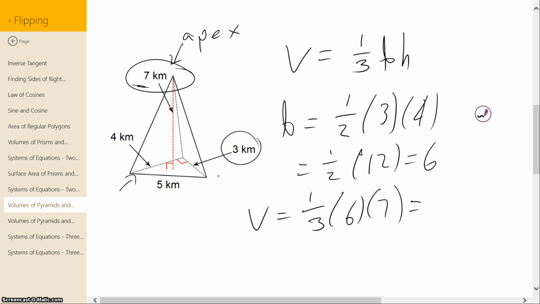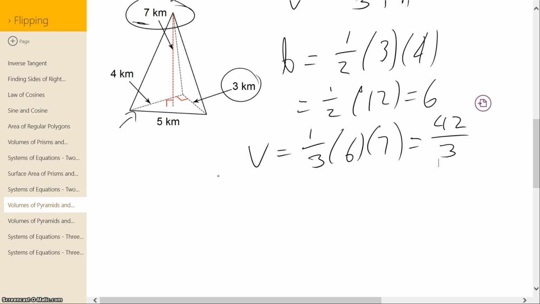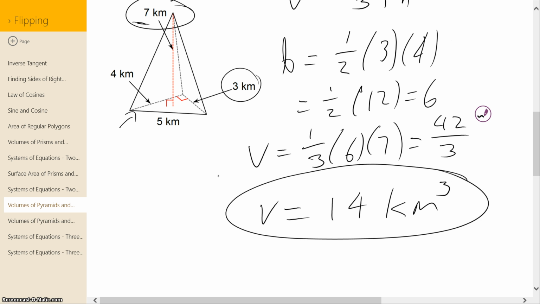Multiply it out. This will give us 42 over 3, and we can reduce that. We'll get volume equals 14. Okay, and keep our units, 14 cubic kilometers. That's it, okay?